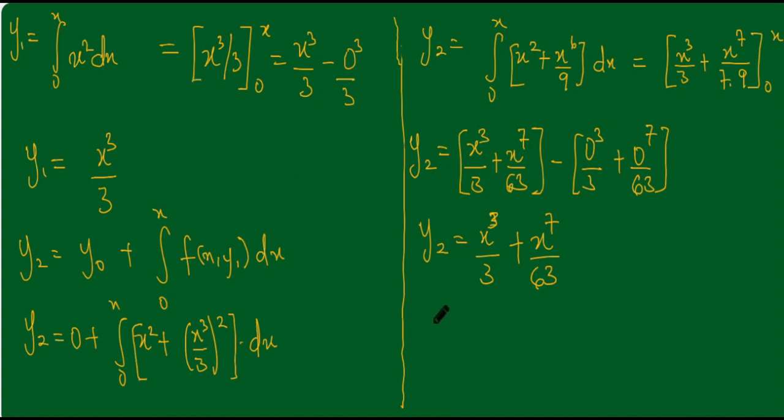So let's write our general formula for y3. Our y3 now becomes y naught plus the integral between 0 and x of f(x, y2) in this case with respect to x.